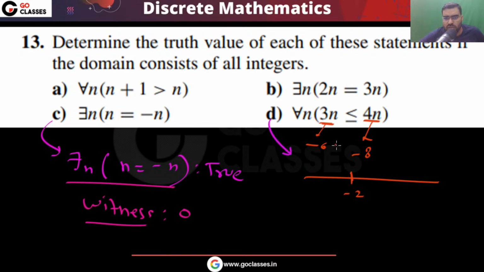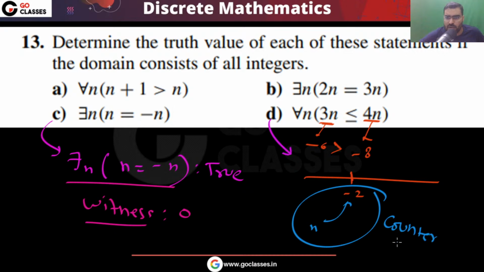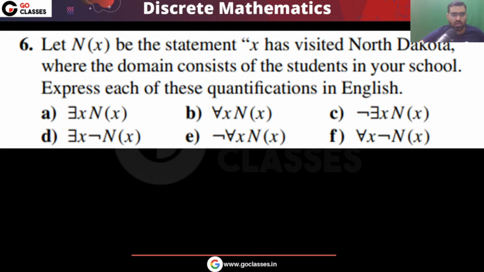You can see that minus 6 is greater. So this statement is false. If you take n equal to minus 2, this is a counterexample. So this D is false. Is this understood by everyone? Okay, so like this.